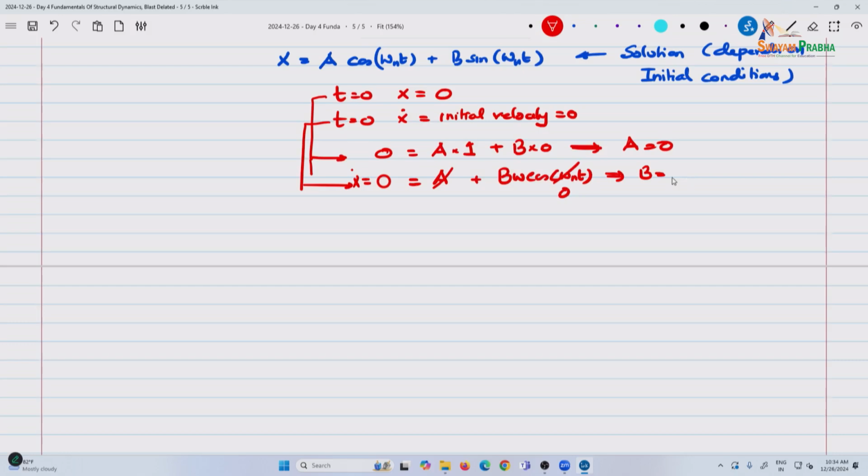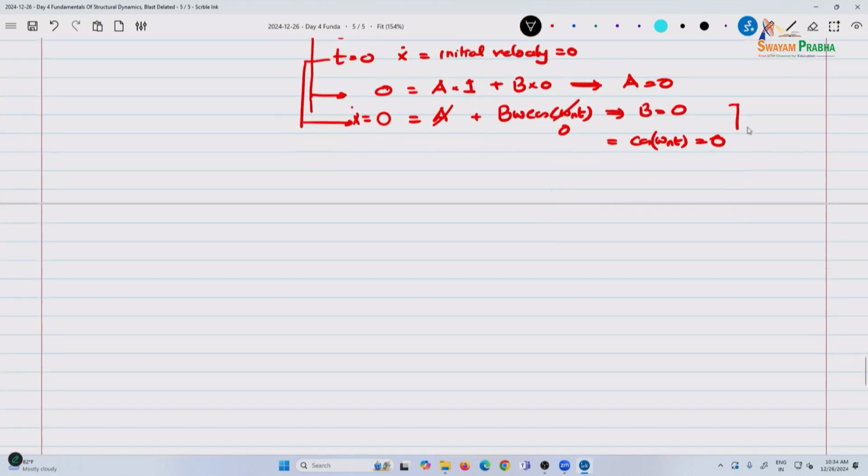So literally you have no solution, but two options exist: either b equal to 0 or cosine omega n t equal to 0. So from here, cosine omega n t equal to 0, and it is 0 for n pi over 2.